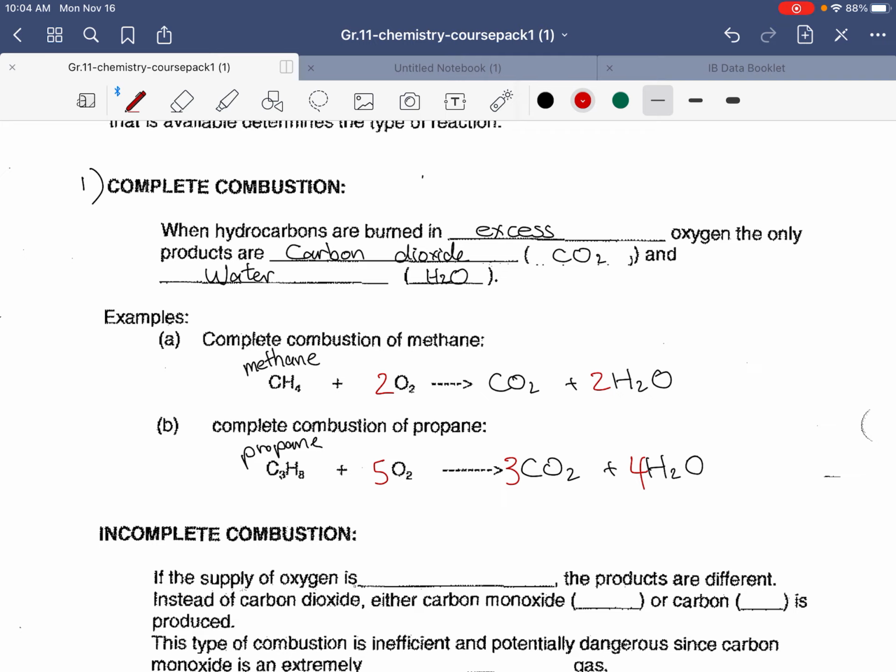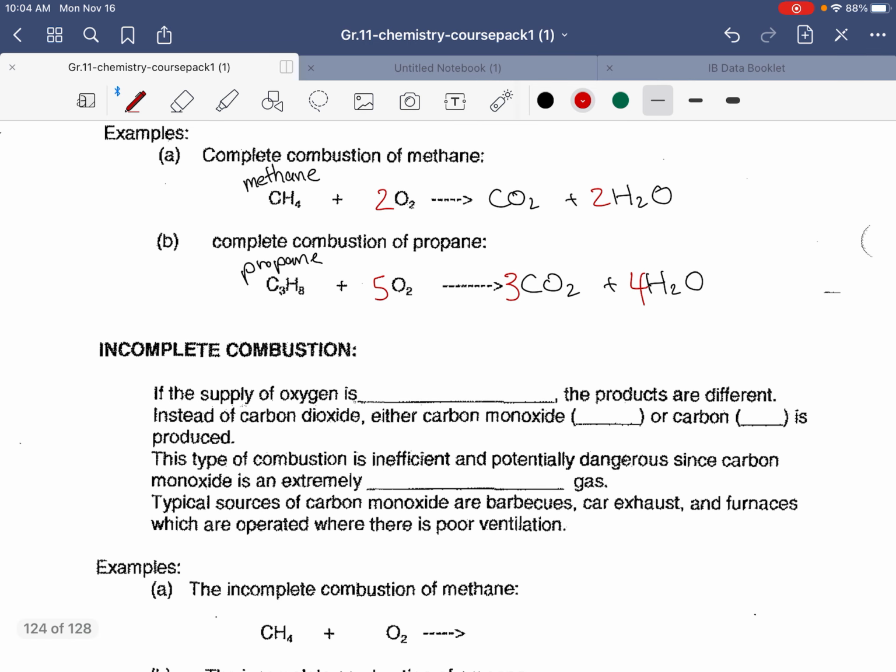Okay, so these are complete combustion. Now, notice what I said for both cases. I said in the assumption that you're doing this in open air. Open air, meaning outdoors, not in your garage. It wouldn't be wise to be barbecuing in your garage, or barbecuing in your house with the windows closed.